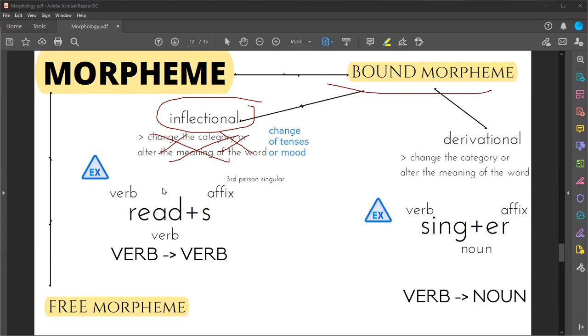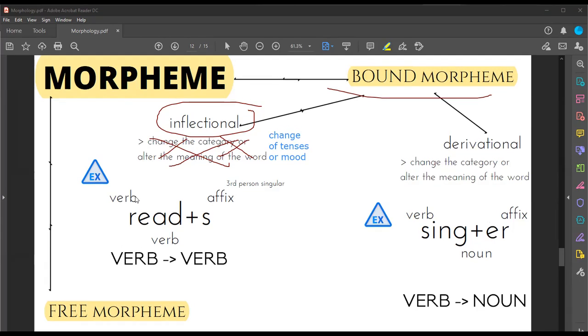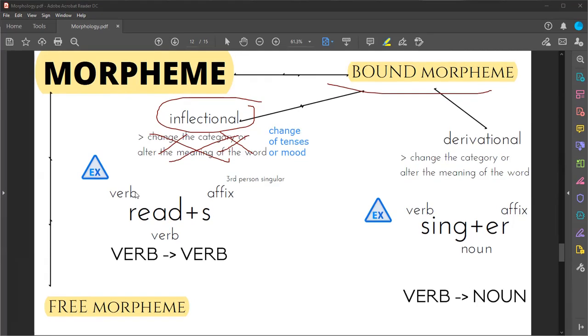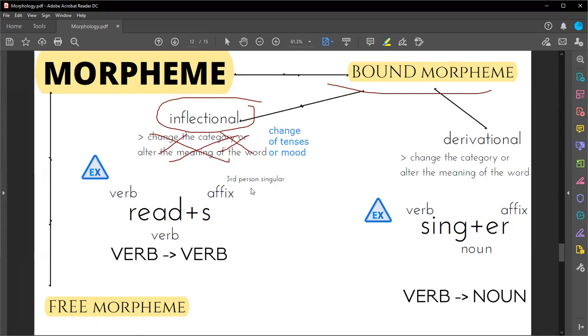Okay, for example, we have jump. Let's have paint. Okay, actually, I cannot. Jump, I try to imagine in class. Then, when we put s, it will be jumps, but it is still a verb, right?